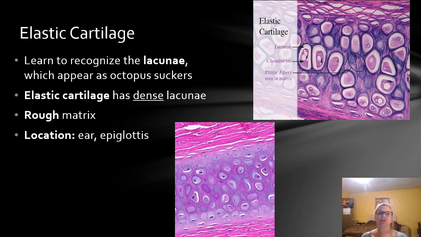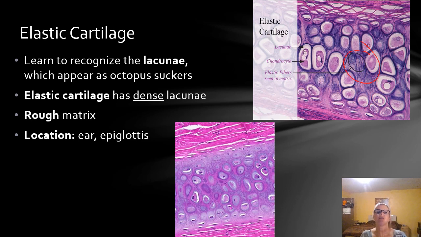And two, and this is a little bit better way, in the elastic matrix, and remember matrix is kind of like the jello if you had fruited jello. Every space not occupied by lacuna is very rough looking in appearance. And the elastic fiber looks like scratches, and you can see that here in this little section that I have circled.